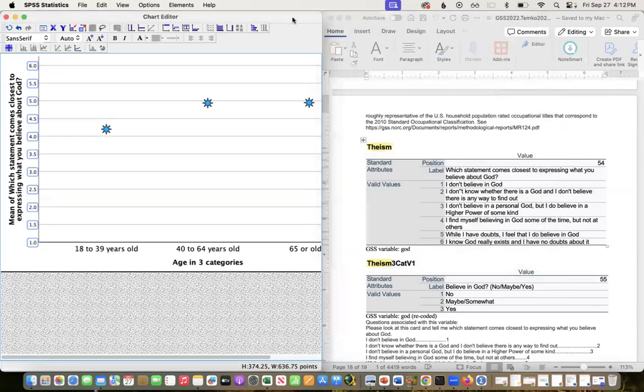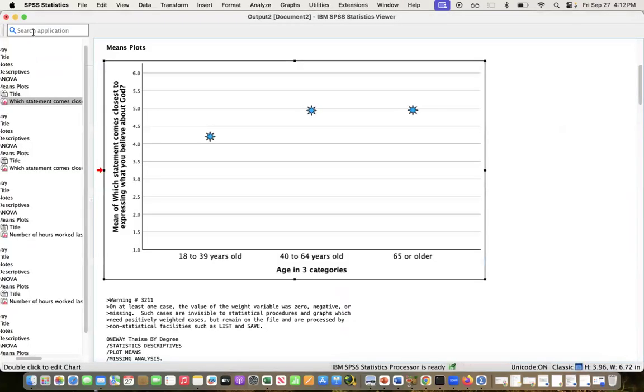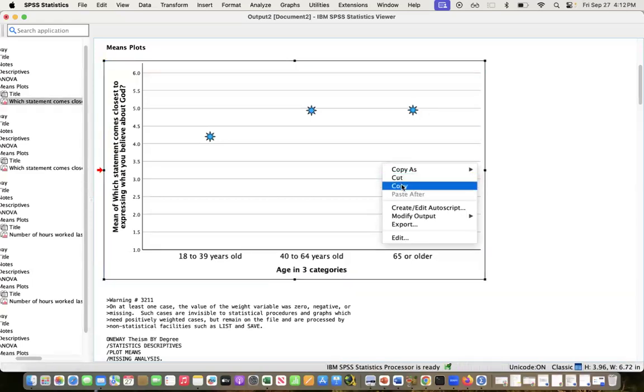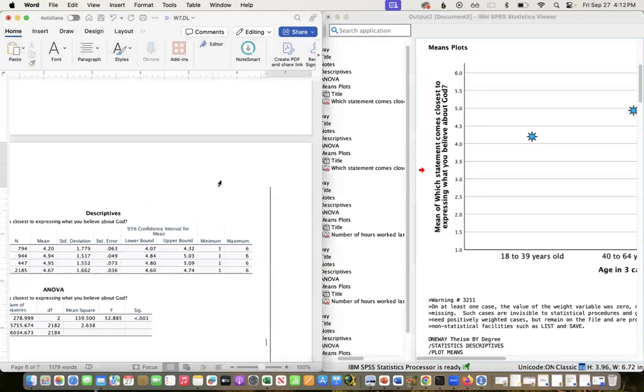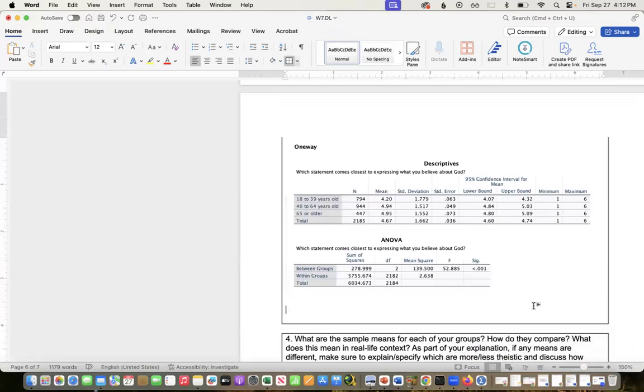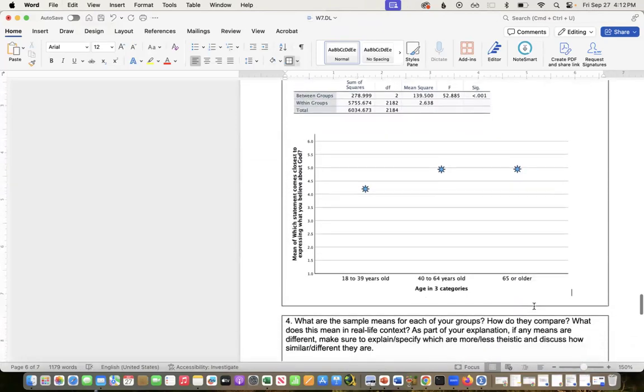Okay. I like that better. So as you see there, when I click on it, I have copy as image as an option. And so if I do that, instead of taking a screenshot, I can literally just paste it, which is nice. Okay.